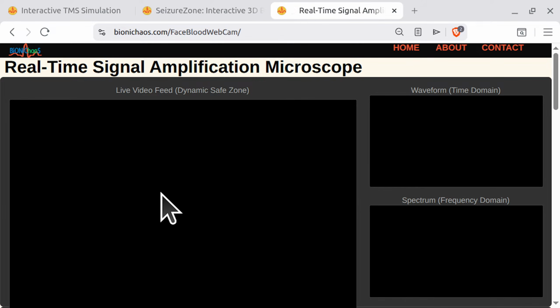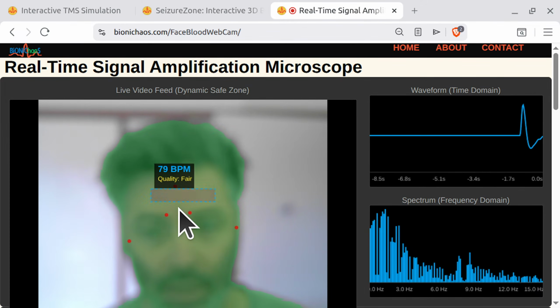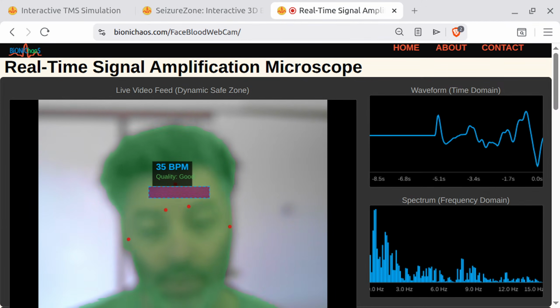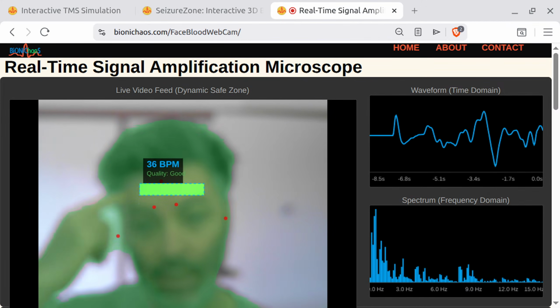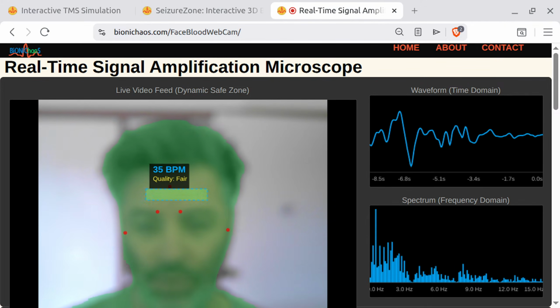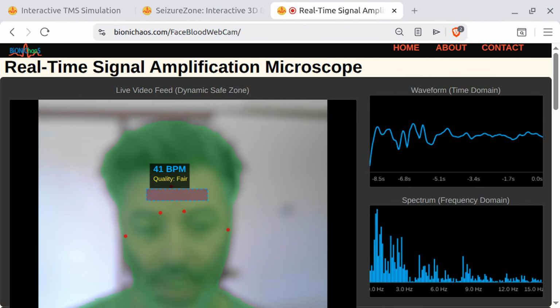Yeah, check out the biomedical heart rate monitoring. This one extracts heart rate from your webcam. I think it can do it even if your face is blurry.